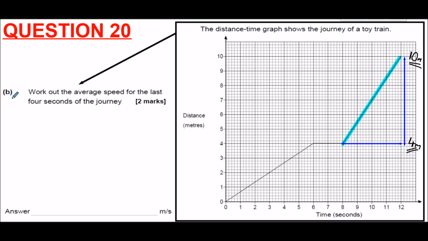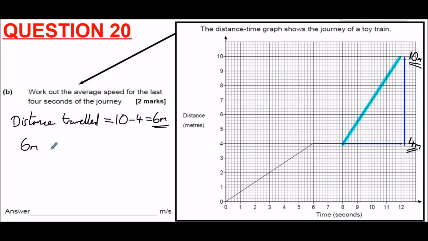So the distance travelled in the last 4 seconds, it's gone from 4 meters to 10 meters, and so 10 take away 4, it's travelled 6 meters.